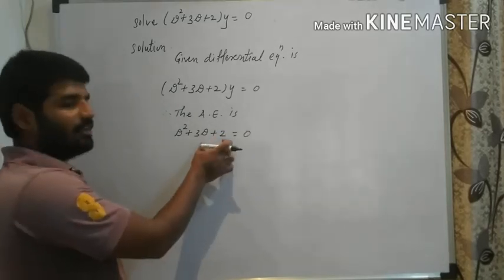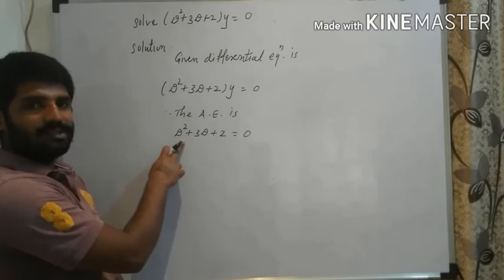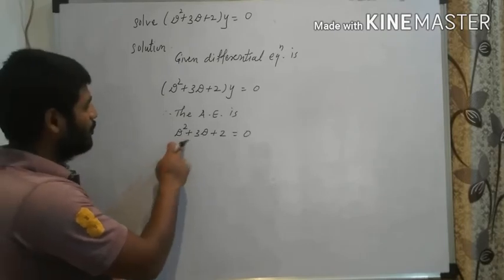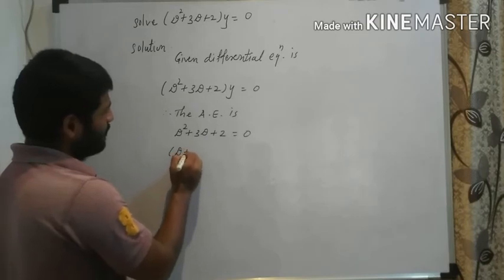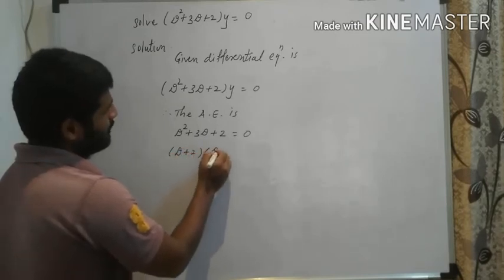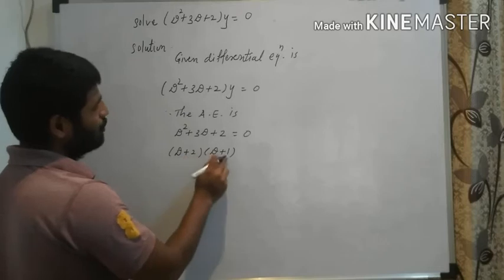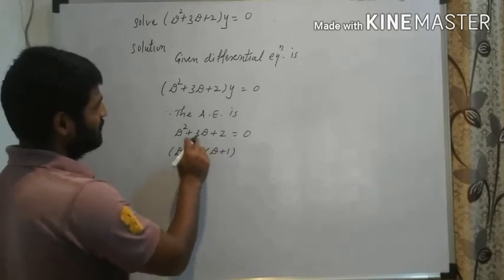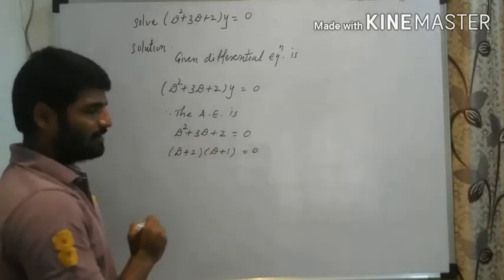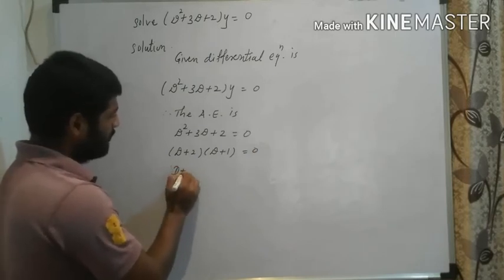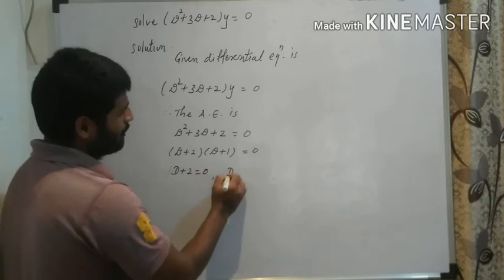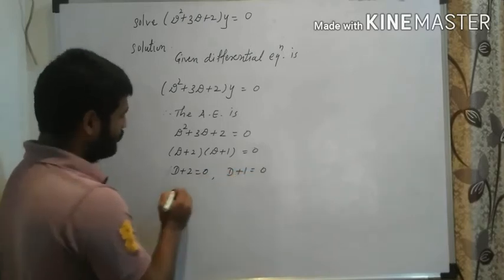Now observe this auxiliary equation. This is a quadratic equation in capital D. So factorizing, this can be written as d plus 2 into d plus 1. So 2 into 1 is 2, and 2 plus 1 is 3. So these are the linear factors. So this can be written as d plus 2 equal to 0 or d plus 1 equal to 0.